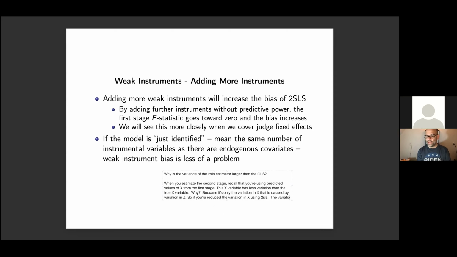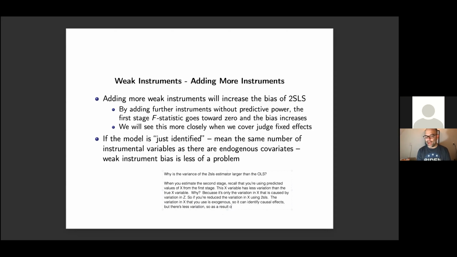The variation in X that you use in two-stage least squares is exogenous, so it can identify causal effects, but there's less variation.